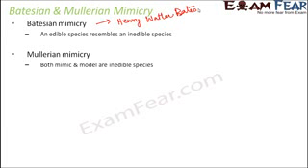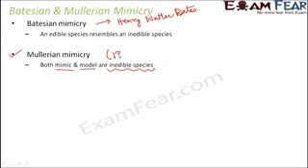But later on, it was found that the viceroy butterfly was also actually inedible to some extent, and that is when came the concept of Mullerian mimicry, which was named after Fritz Müller, who worked on this concept, which says that the mimic and the model both are inedible species.